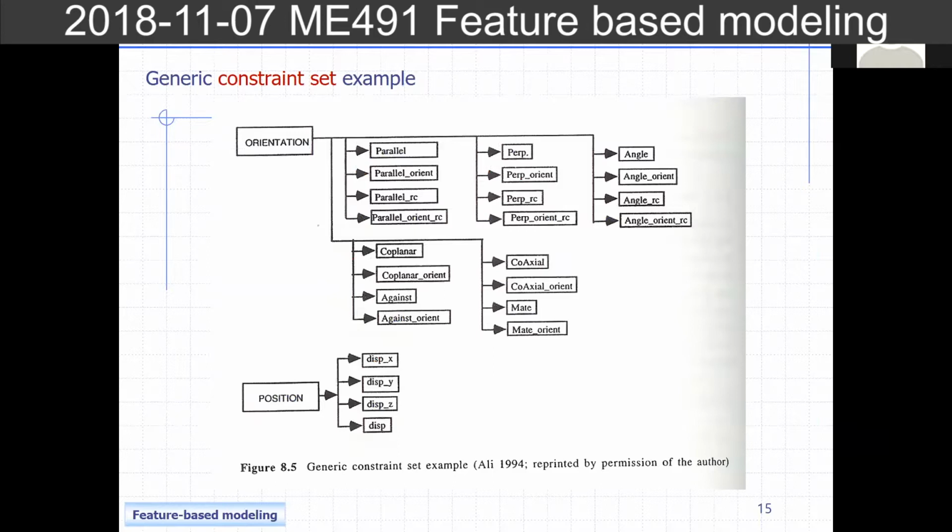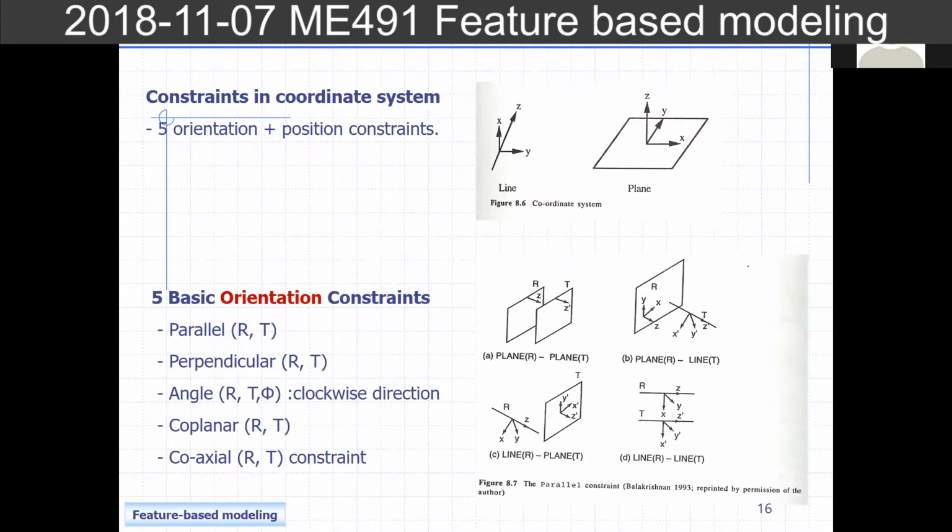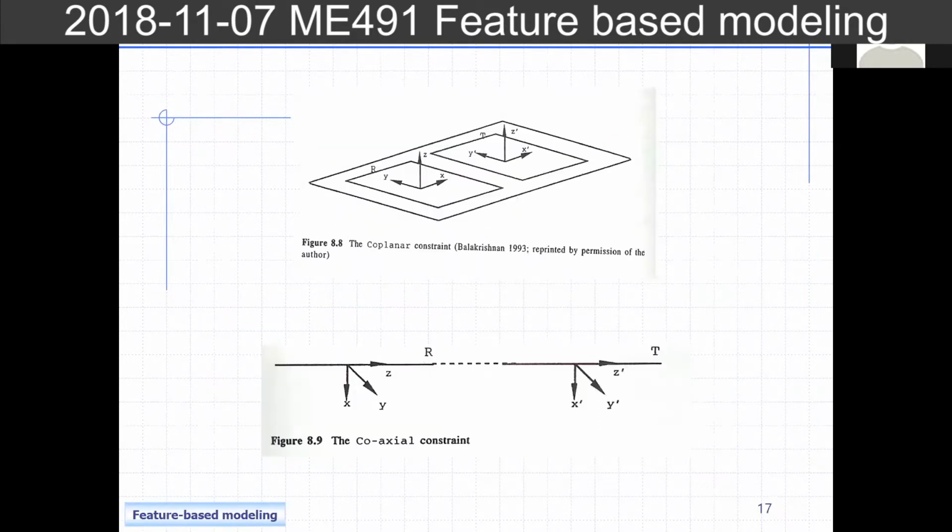Very similar to feature commands. And the constraint for a coordinate system is also similar, and there is also an orientational constraint too. So it is similar, not special to constraints. And the figure shows the coplanar constraint. So it looks like a parallel positioning.